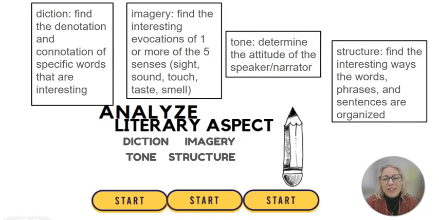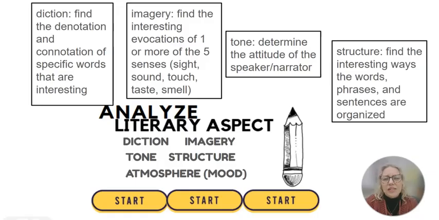It's just finding the interesting ways the words, phrases, and sentences are organized. Sometimes you'll notice there's a lot of punctuation. Sometimes there's no punctuation. Sometimes there's parallel structure. Sometimes there are a lot of sentences. Sometimes it's a really long sentence. You're looking at those kinds of things when you analyze structure.